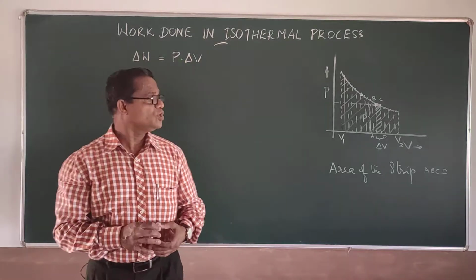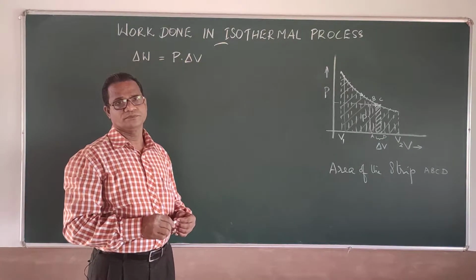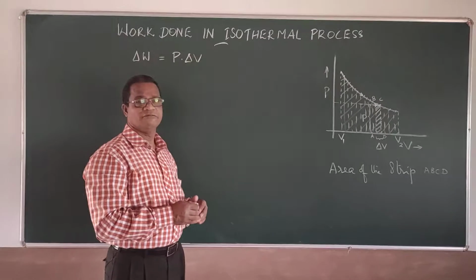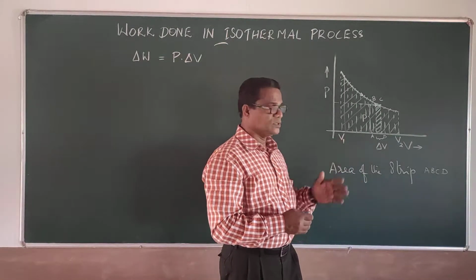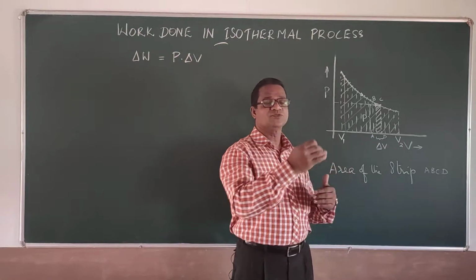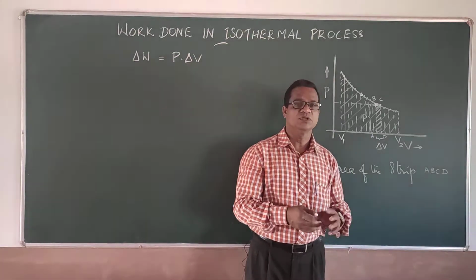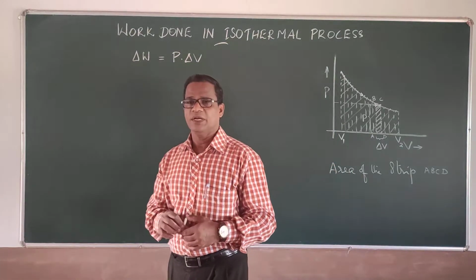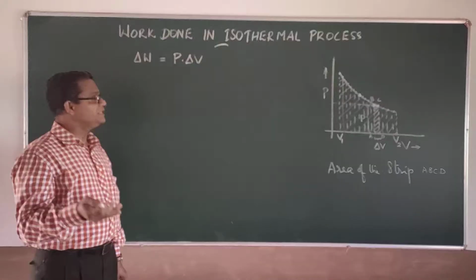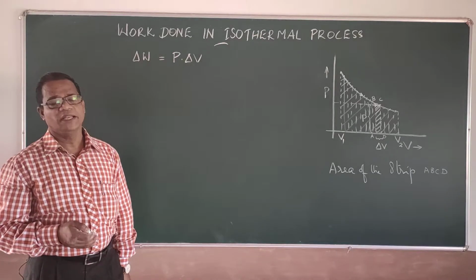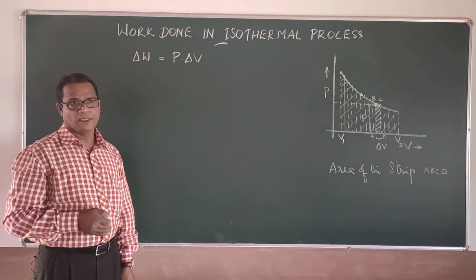But this method is not always possible. You need a graph drawn properly, and if the values have very large variation, it is not possible to include them in the graph properly. Therefore, we will go mathematical in finding the work done in an isothermal process.